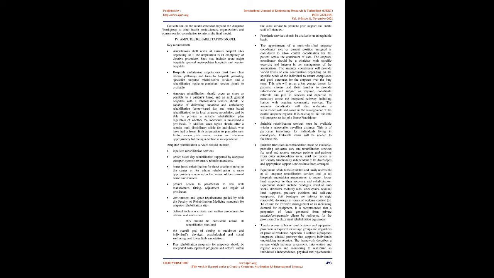Amputee rehabilitation services should include inpatient rehabilitation services, center-based day rehabilitation supported by adequate transport systems to ensure reliable attendance, home-based rehabilitation for those unable to travel to the center or for whom rehabilitation is more appropriately conducted in the context of their normal home environment, prompt access to prosthetists to deal with manufacture, fitting, adjustment and repair of prostheses, environment and space requirements guided by the Faculty of Rehabilitation Medicine standards for amputee rehabilitation sites, defined inclusion criteria and written procedures for referral and assessment.